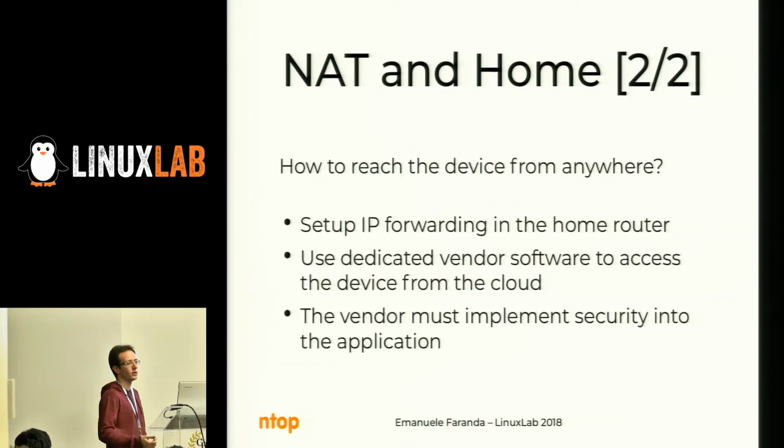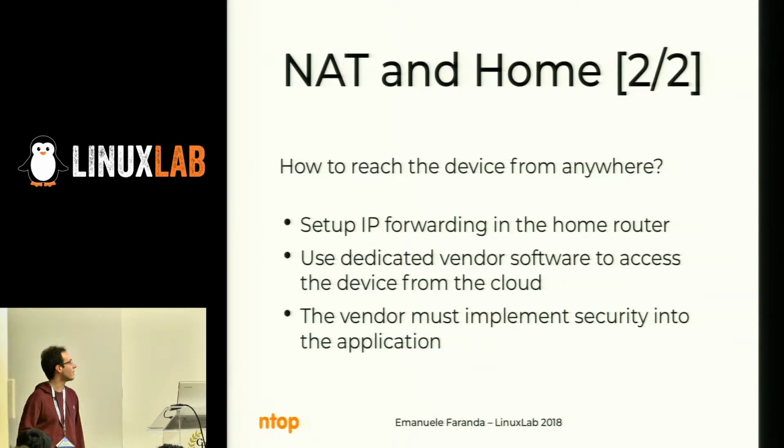The typical solution to this is to open a port on the firewall and to set up, for example, IP forwarding. The problem is that, in this way, we expose the camera and potentially our network to external threats, because we are giving other people a way to get into the network.